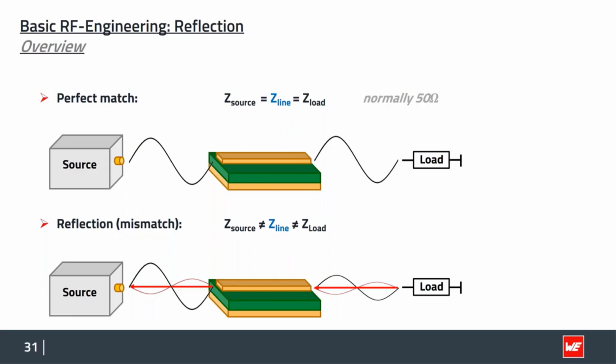So we have a source, we will have mismatches on our transmission line, and also in between the transmission line and the load at the end. Each mismatch will create us losses by reflection, and so we have to find out what kind of losses we have and how we can deal with it, where they are located, and what can we do better at this spot.